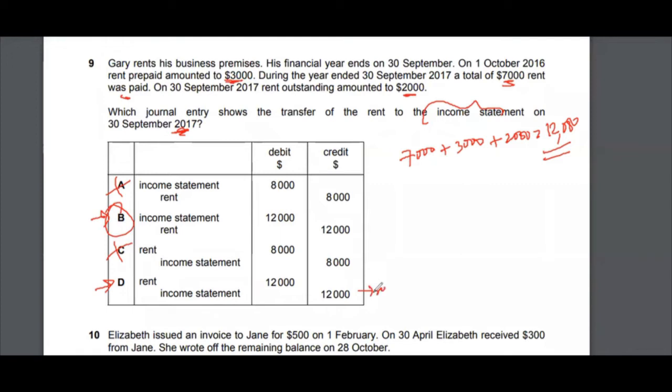This entry is about recording rent expense, but this entry is about transfer of rent to the income statement. So the correct answer to multiple choice 9 is option B.